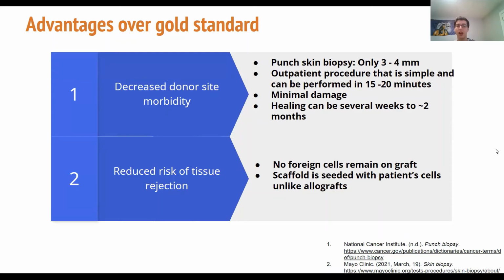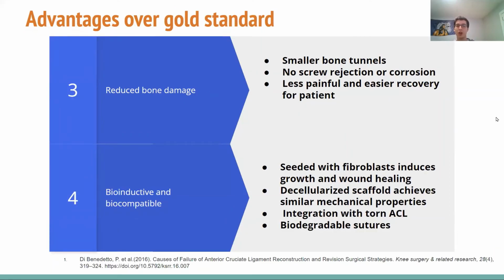Additionally, compared to the allograft surgery, our scaffold will have a reduced risk of rejection, as we are decellularizing the porcine ACL before implantation and reseeding the scaffold with the patient's own fibroblasts in order to avoid an immunogenic response. We chose to use smaller tunnels for a suturing attachment method in order to avoid excessive osteolysis.